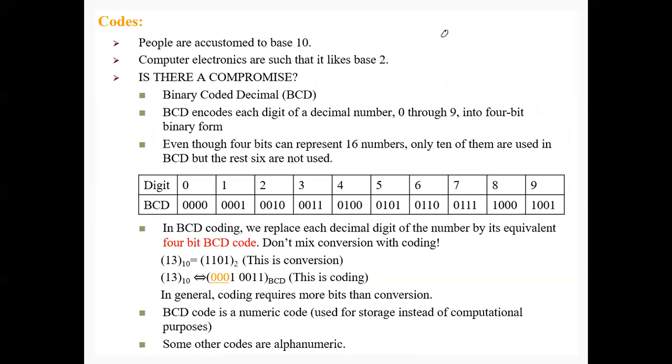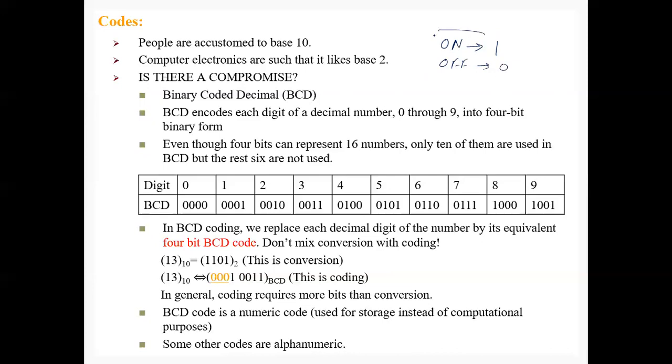In a computer or any electronics, on is represented by 1. On represents 1 and off represents 0.